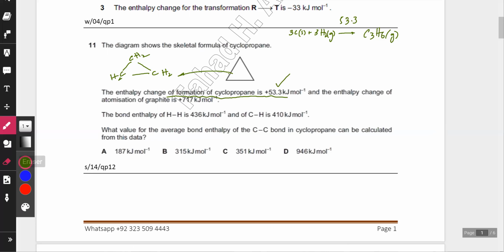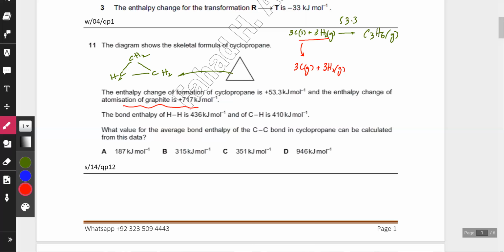Okay, is this clear? Now he's saying that the enthalpy change of atomization of graphite is 717. What he means is that the carbon over here can be atomized to three carbon which are gaseous, right? And the H2 gas molecules remain exactly the same.